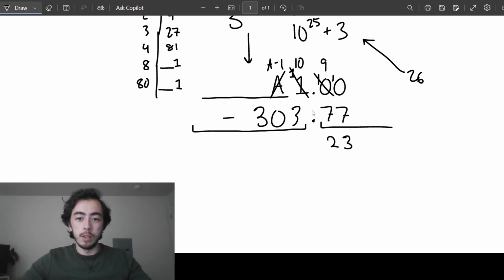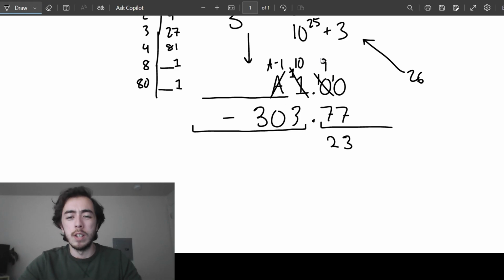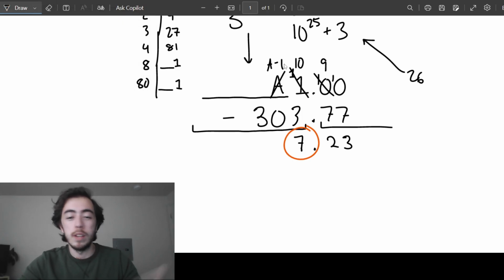And here's the solution to our problem. This would be forced to be a 10 or a 0, depending on how you're thinking about it. But then finally doing this 10 minus this 3 in our subtraction process does give us a 7 in the ones place. And then whatever happens in the tens place happens.